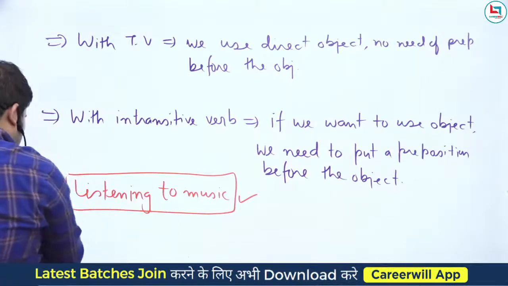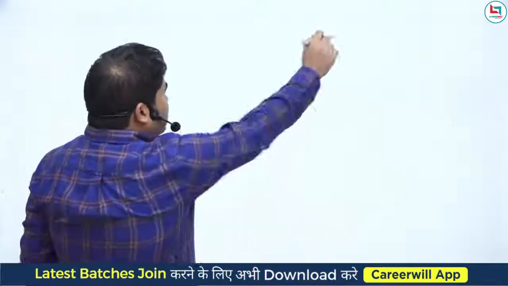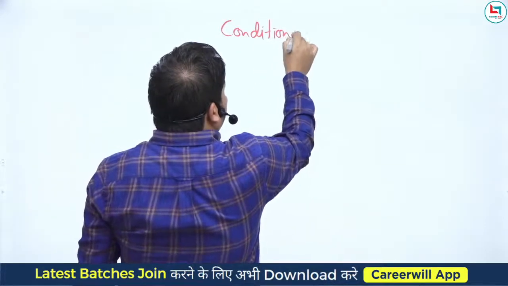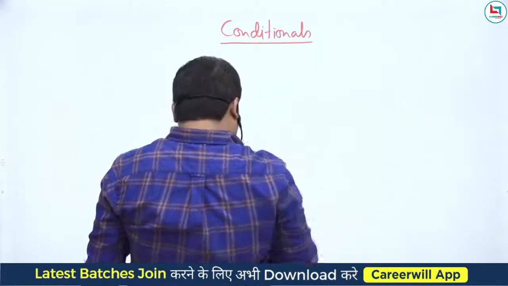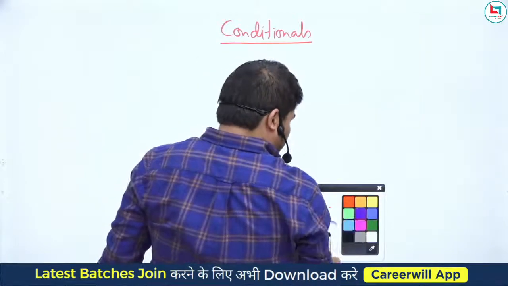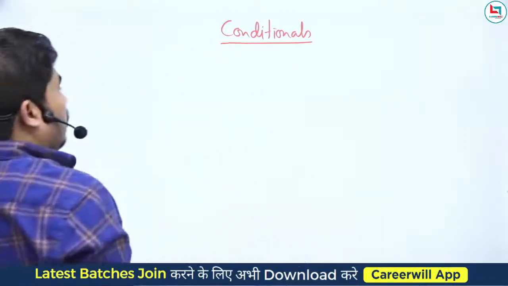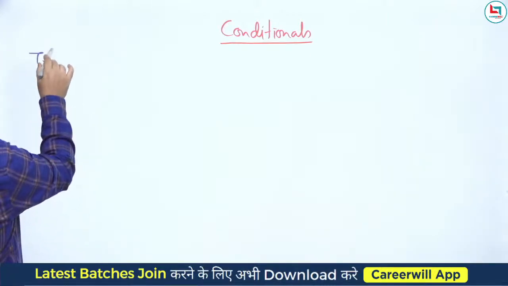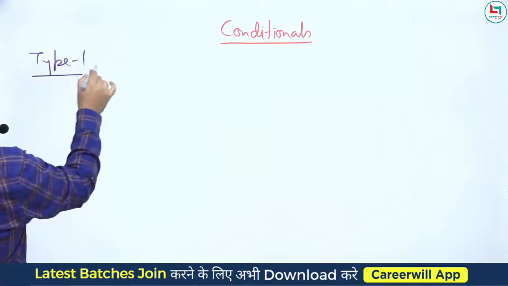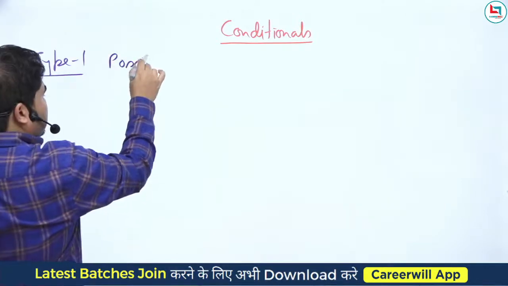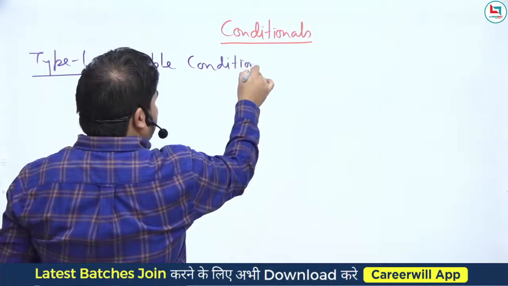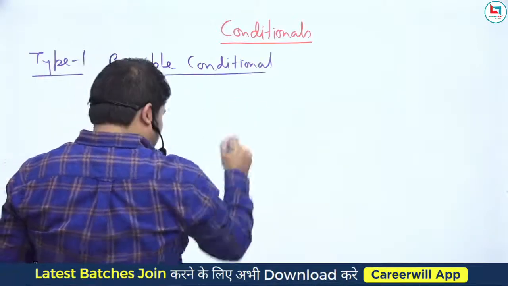Now the next thing, which is based on verb, that is conditionals. Pretty mathematical structure. So there are 4 variants we have: type 1, type 2. Type 1 is called possible conditional because it is likely to happen. And what is the standard structure of type 1?